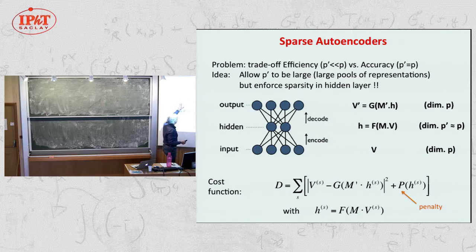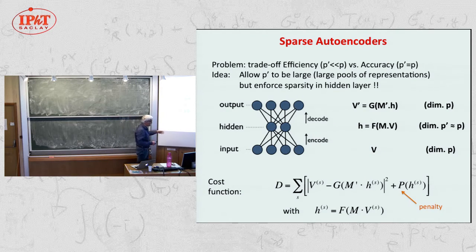So even if the dimension of this hidden layer is very large, only a few hidden units will be activated, and you would like to reconstruct the input from that. There is a large diversity of possible features, a large dictionary, but only a few words are used at the same time to reproduce a configuration. So this is the basic idea of sparse autoencoders.